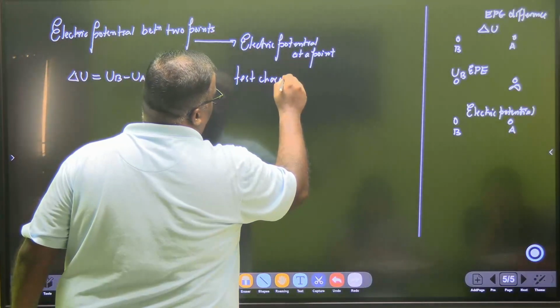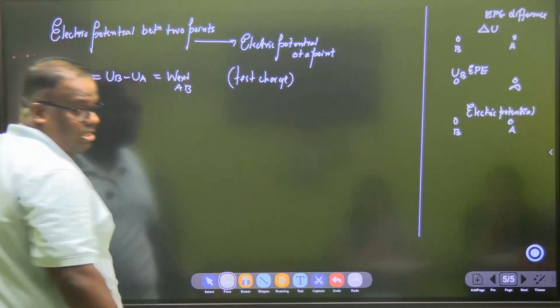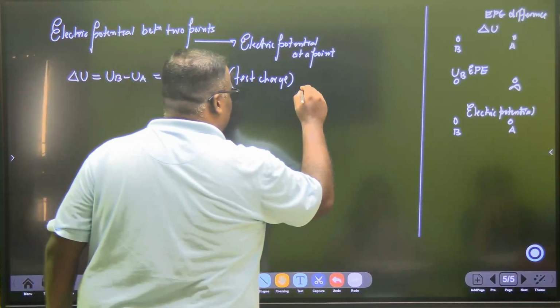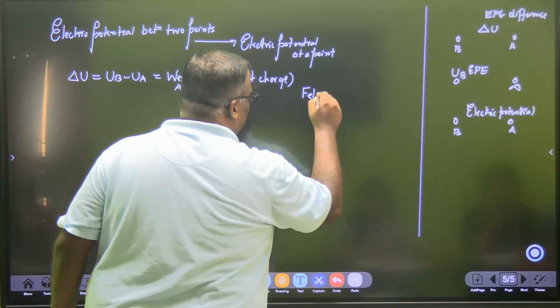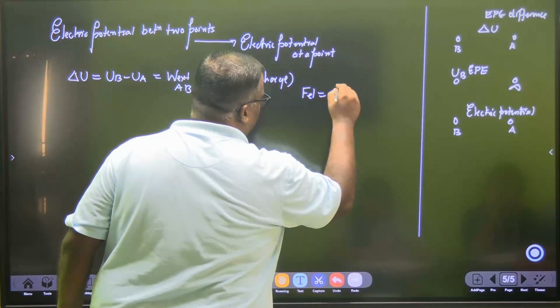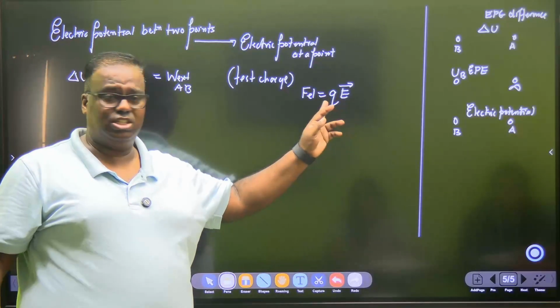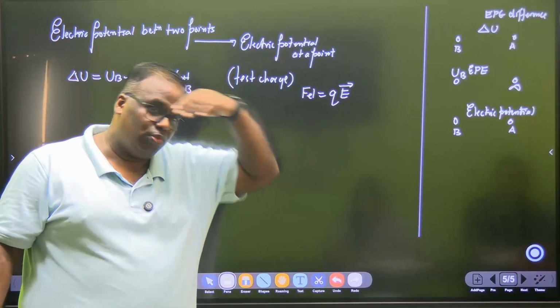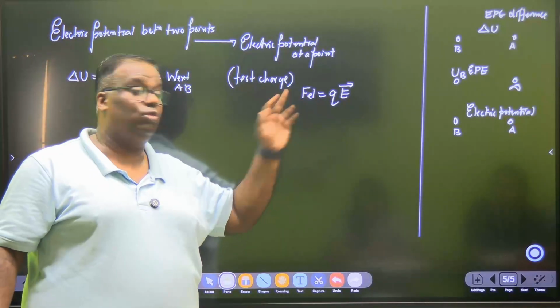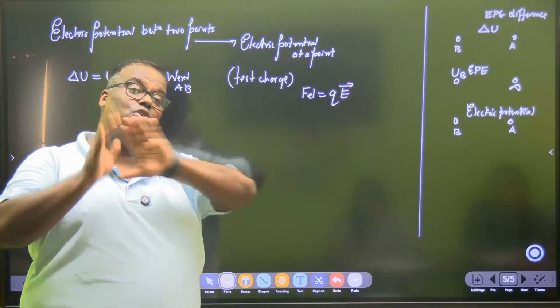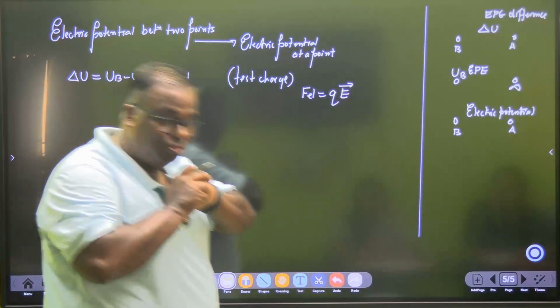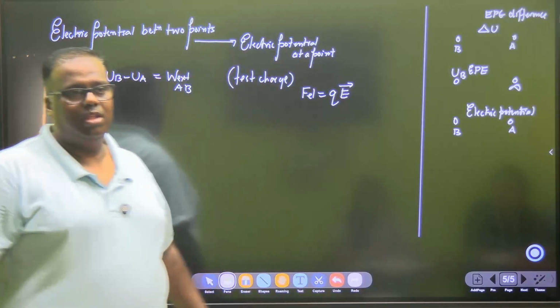You also know the electric force on the test charge is given by QE. That means the stronger the electric field, your test charge always being positive, the more you have to sweat out, because the electric force will be stronger. If the spring is very tight, you have to push very hard. Right?